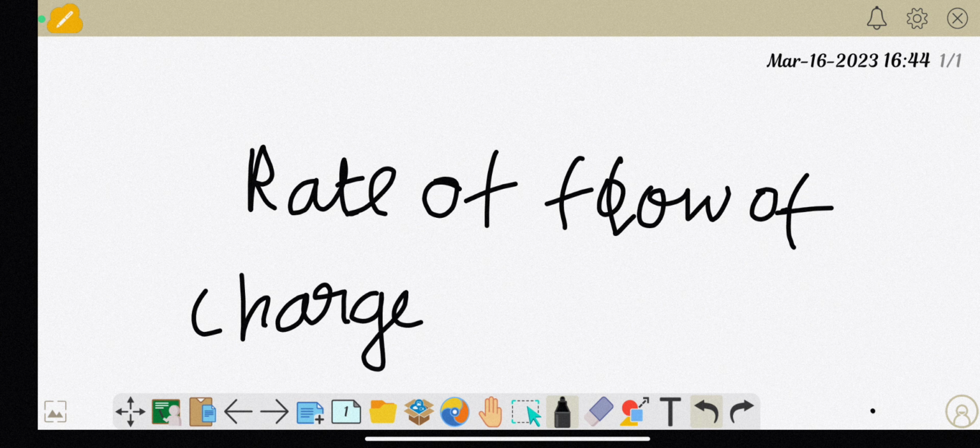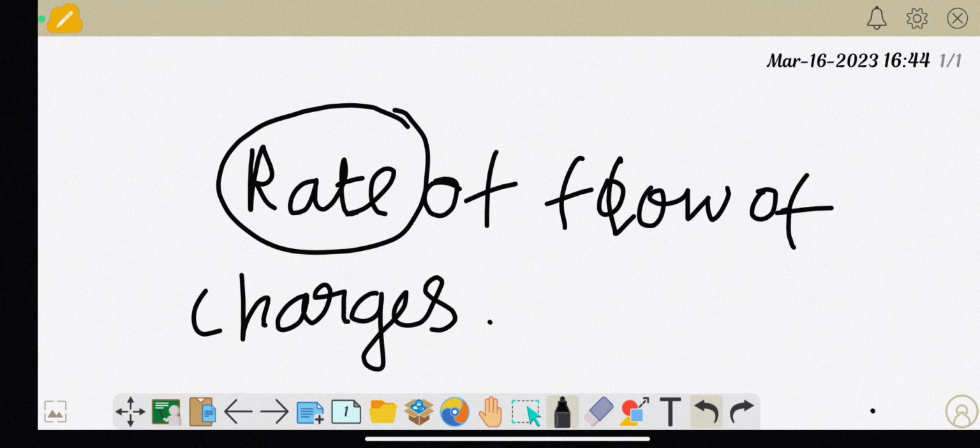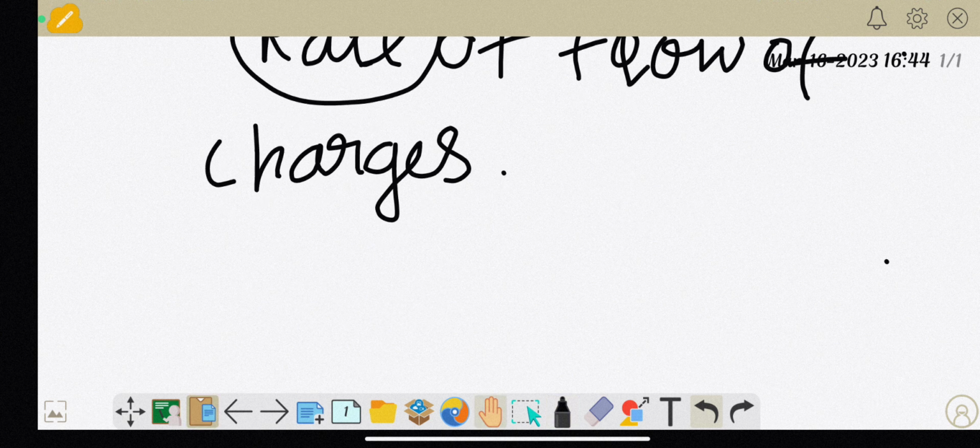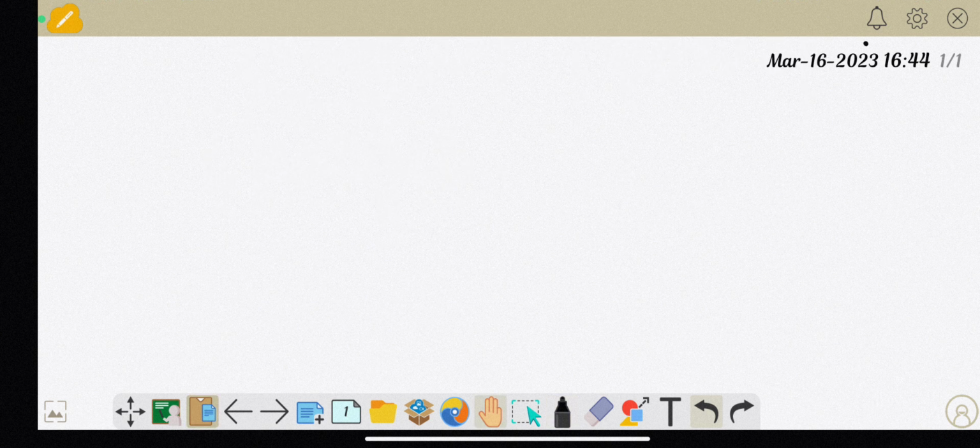This word rate is important, because what speed I am speaking at matters, correct? If I am doing this class, what speed I am talking at is important.